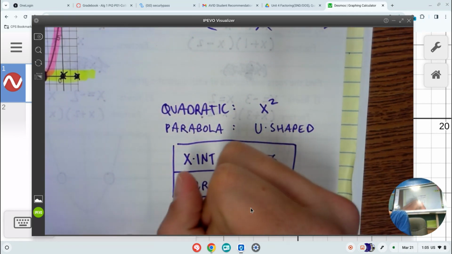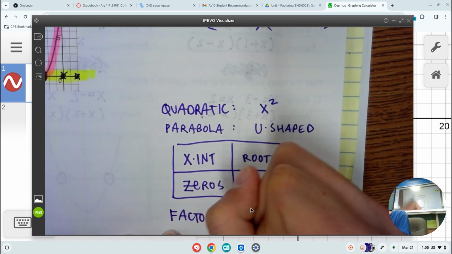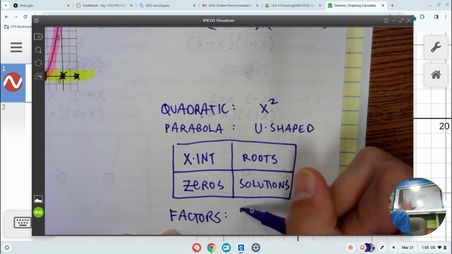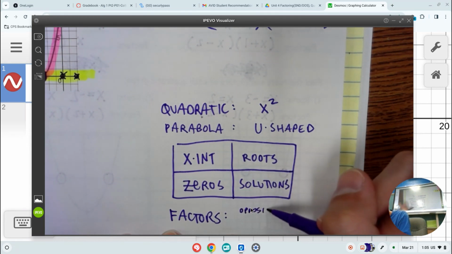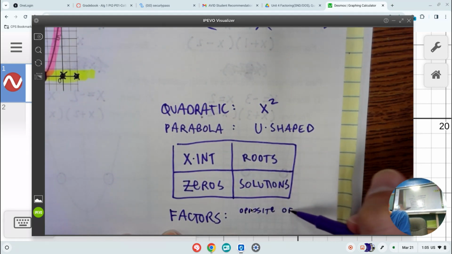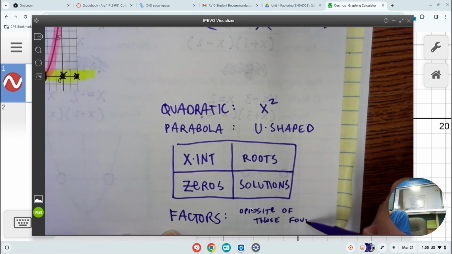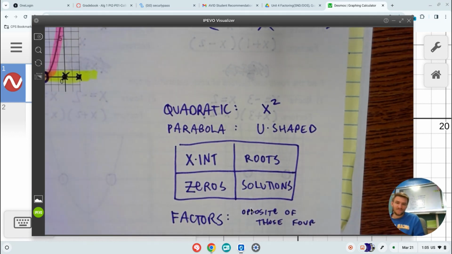And then we're going to finish with factors. And factors are the opposite of those four. So whatever these four are, if your x-intercept is 12, your factor is the opposite. It's a minus 12.